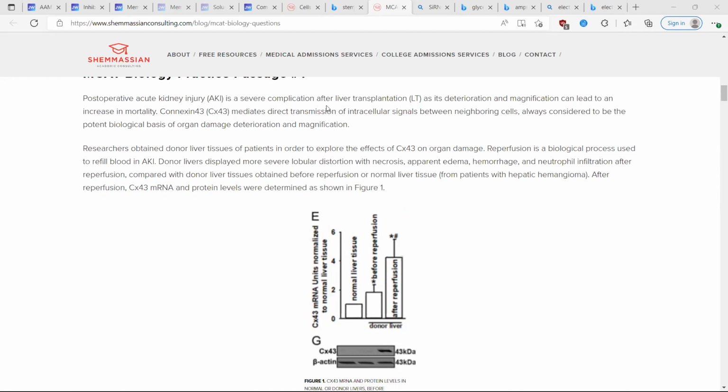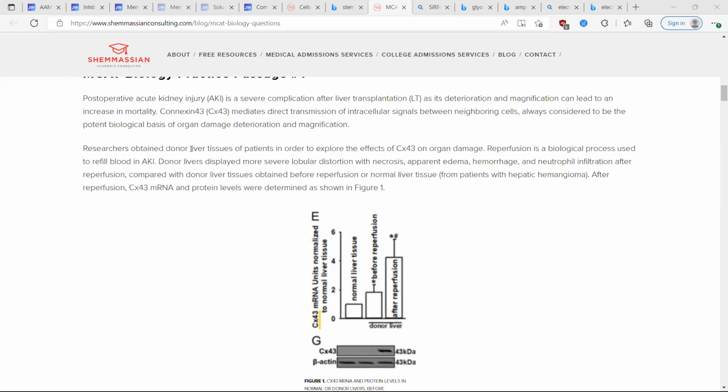Okay, to make that simple, they're simply measuring levels of CX43. In what? In normal liver tissue, in tissue before reperfusion in donor liver, and in tissue after reperfusion in donor liver. So why are they doing that? Let's understand.